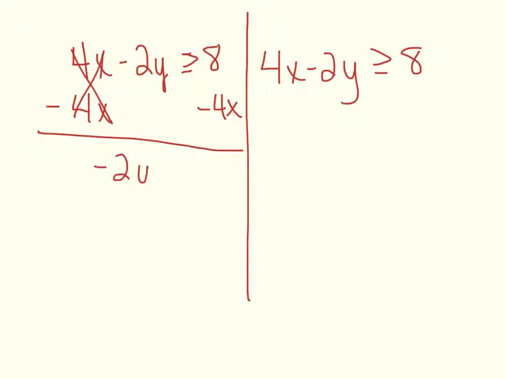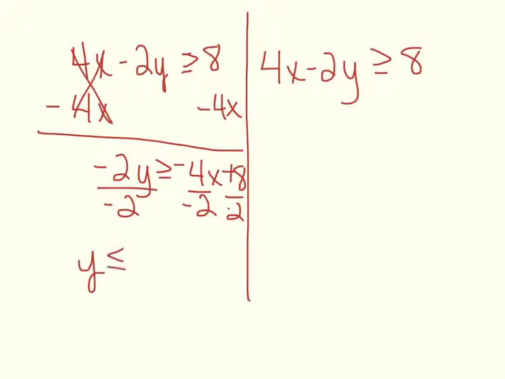So I have negative 2y is greater than or equal to negative 4x plus 8. And now I'm going to divide each side by negative 2. And so my answer is y is less than or equal to 2x minus 4. Okay, so as you see, I flipped the sign.